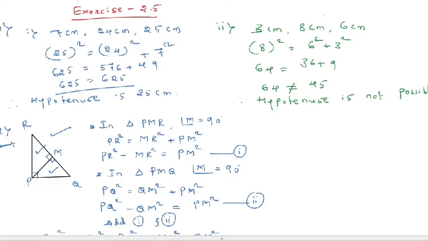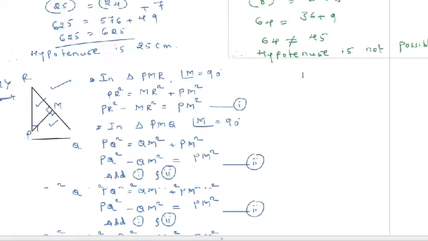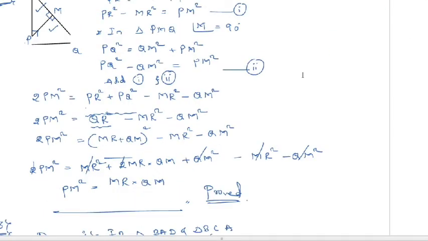Adding 1 and 2. Add equation 1 and 2, you will get the next step. First add the LHS sides and RHS sides. PM square plus PM square you will get 2 PM square.